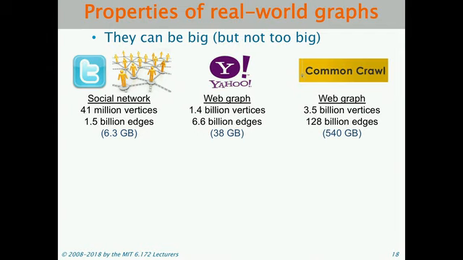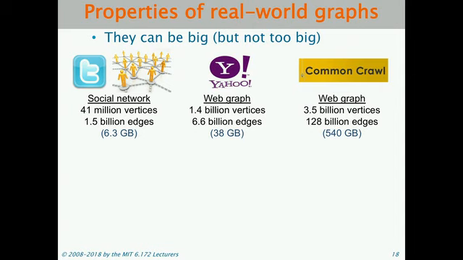The largest publicly available graph out there now is the Common Crawl Web Graph. It has 3.5 billion vertices and 128 billion edges. Storing this graph requires a little over half a terabyte of memory. That is quite a bit of memory, but it's not too big because there are machines with main memory sizes on the order of terabytes nowadays.